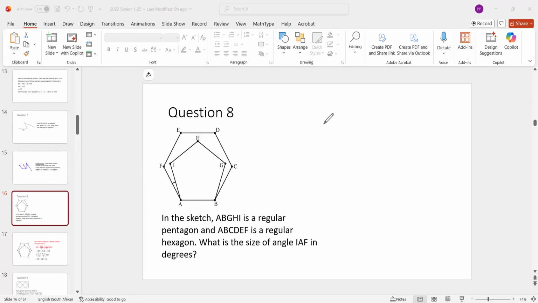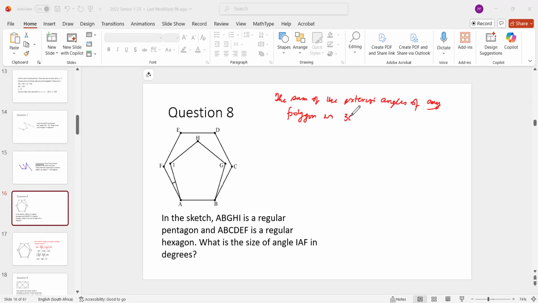Now, in any polygon, it's easy to calculate angles, because the main thing is that the sum of the exterior angles in any polygon is always the same.